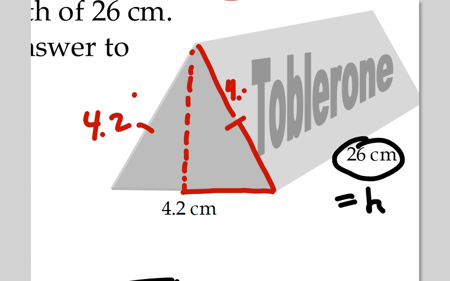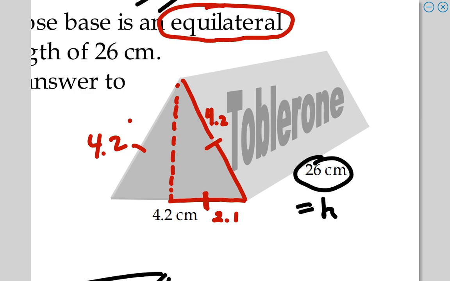So if this is 4.2, what's this bottom side? Very nice, 2.1. And the Pythagorean shortcut, is this an addition or a subtraction? Good. That's over here, right? Yes, good man.